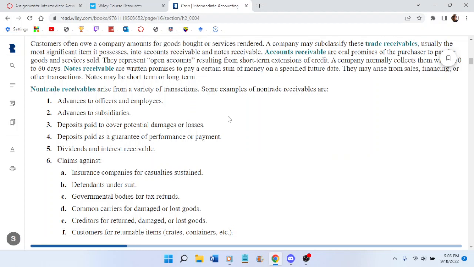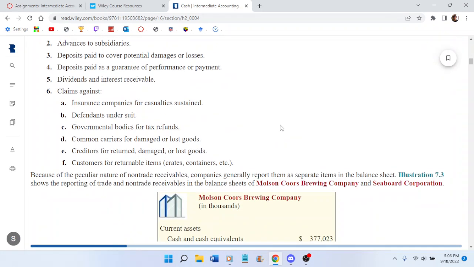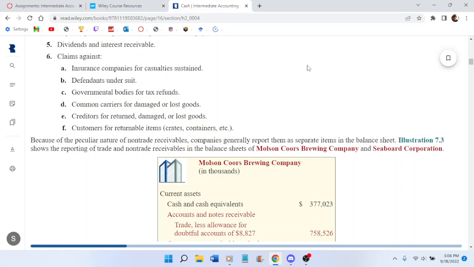Claims against insurance companies for casualty sustained, claims against defendants under suit, claims against governmental bodies for tax refunds, claims against common carriers for damaged or lost goods, claims against creditors for returned damaged or lost goods, claims against customers for returnable items. Because of the peculiar nature of non-trade receivables, companies generally report them as separate items in the balance sheet.